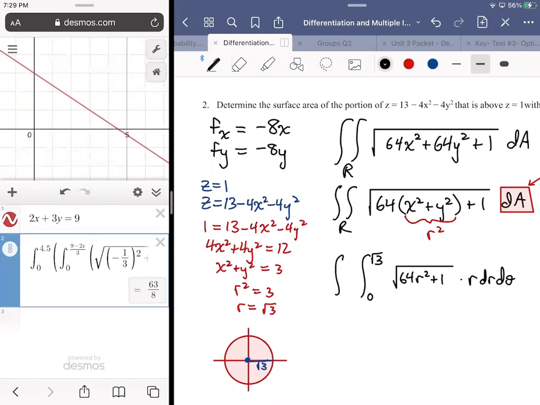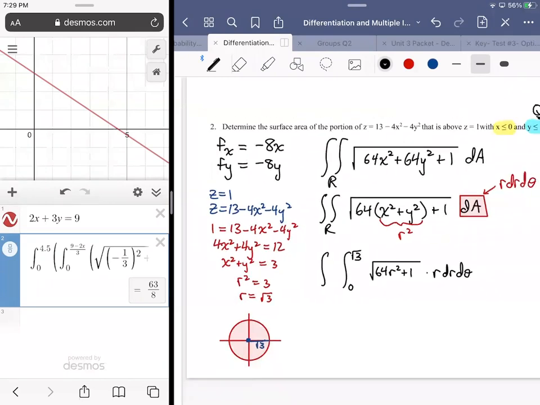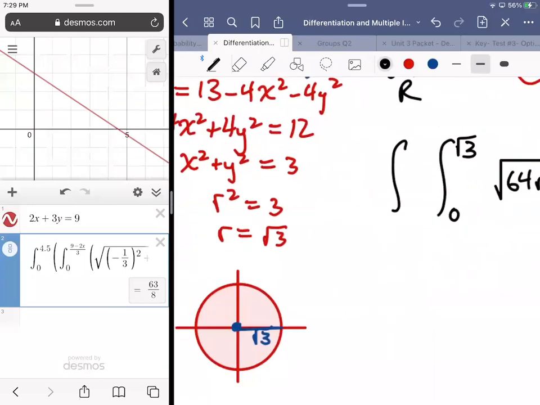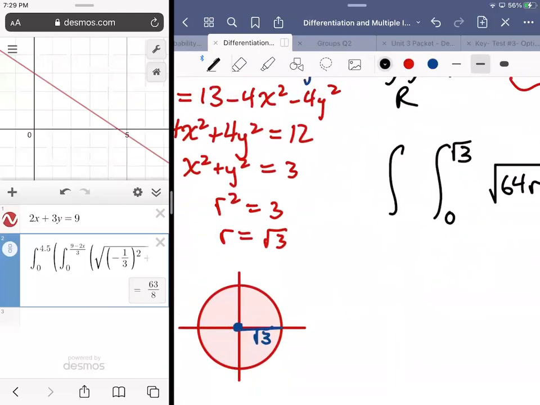All right, my theta bounds are related to the domain that was given in terms of x and y. X is less than 0, y is less than 0. If x is less than 0, let me use a little highlighter here, then I'm looking at this part of it. If y is less than 0, then I'm looking at this part of it. Either way, I should end up in the third quadrant.